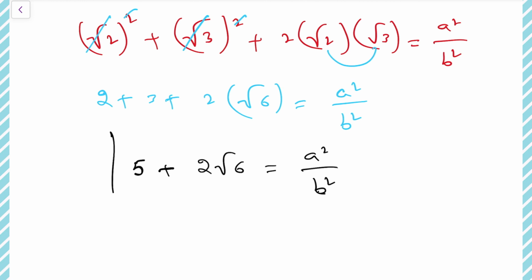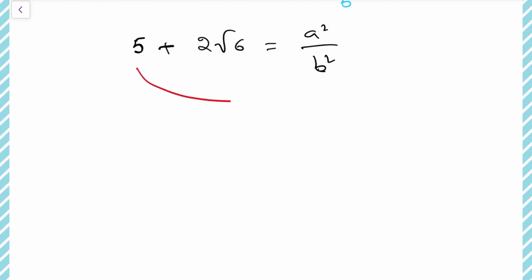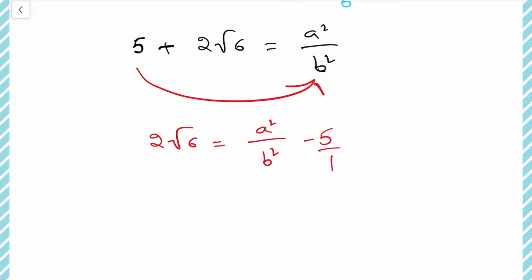So let us go with it simply. 5 taken to the right side becomes minus 5. So 2 root 6 equals a square by b square minus 5. This 5 can also be written as 5 by 1.